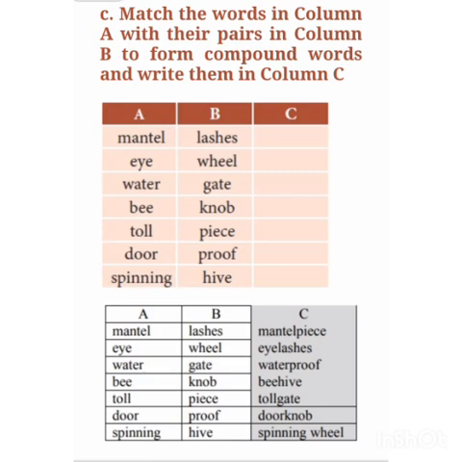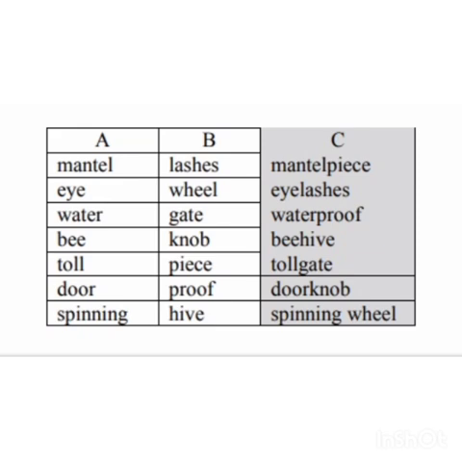So the first one, mantle piece. Second one, eyelashes. Third, waterproof. Fourth, beehive. Fifth, toll gate. Sixth, doorknob. Seventh, spinning wheel. So complete the answer.